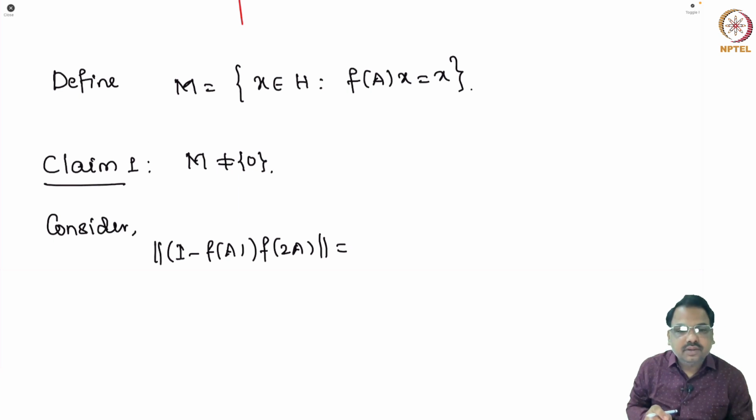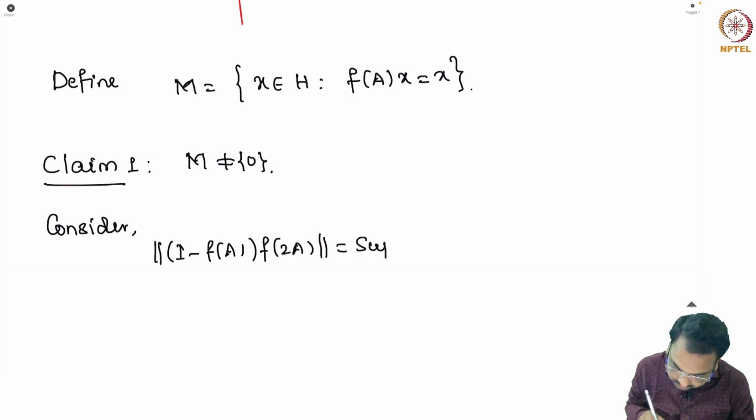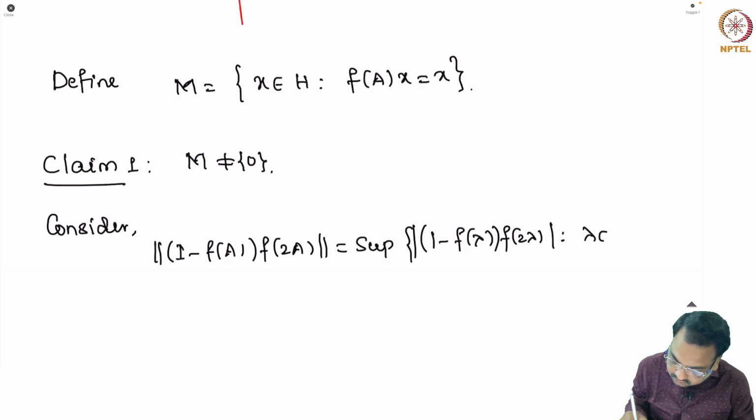And they commute also, so we can conclude that the operator in this norm is self-adjoint. Hence the norm can be computed using the spectral radius, supremum of modulus of (1 minus f(lambda)) into f(2 lambda), where lambda is coming from the spectrum of A.